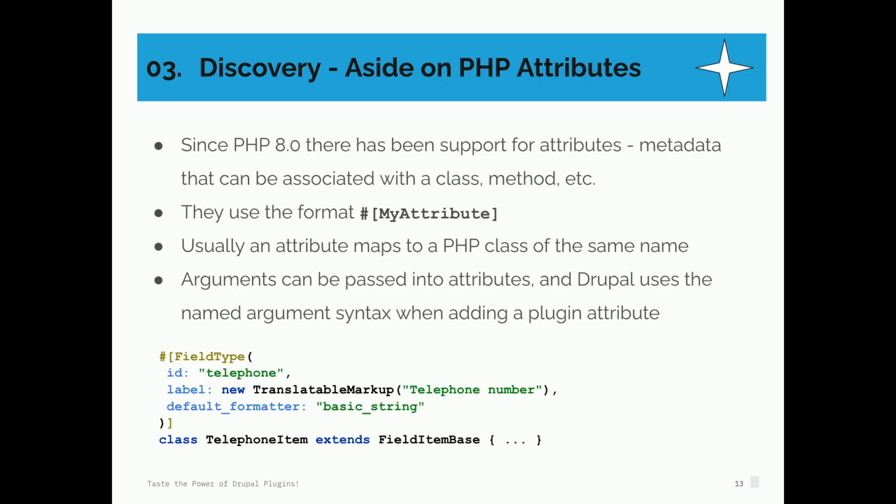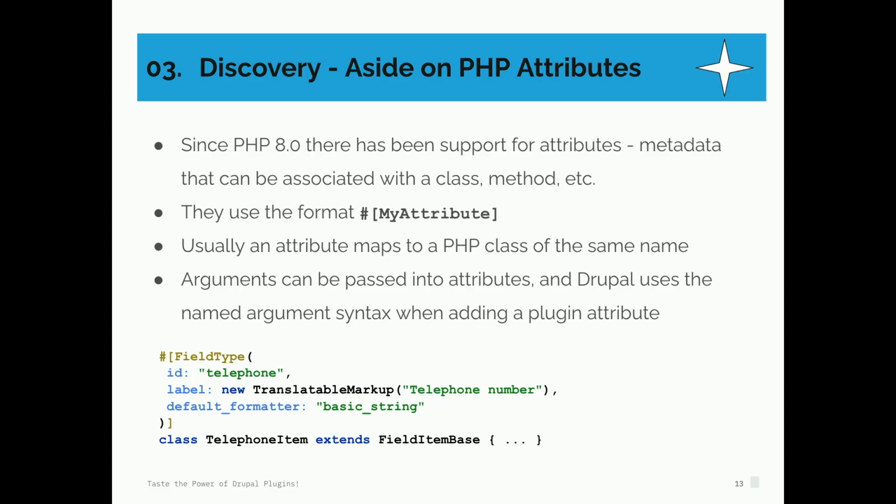And it's an actual feature of the PHP language versus being some kind of add-on. They use this funny format with a hash mark and square brackets. And what's also interesting is that to define an attribute, there's usually a PHP class of the same name. So it's both metadata that decorates a class and itself linked to a class.